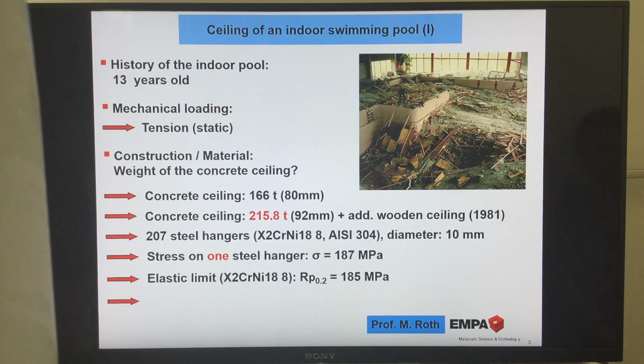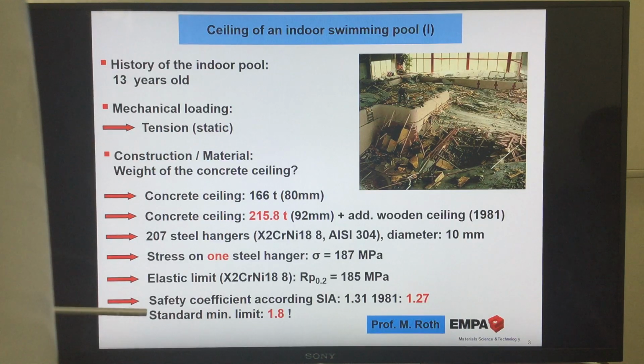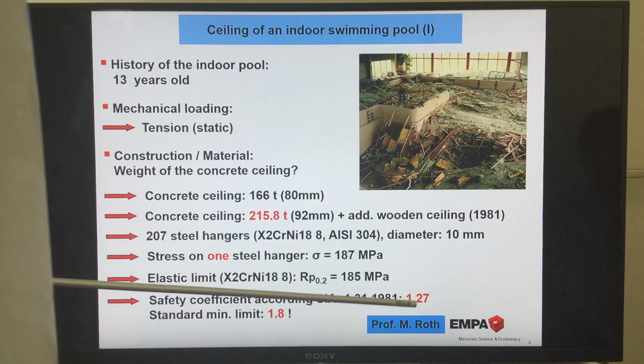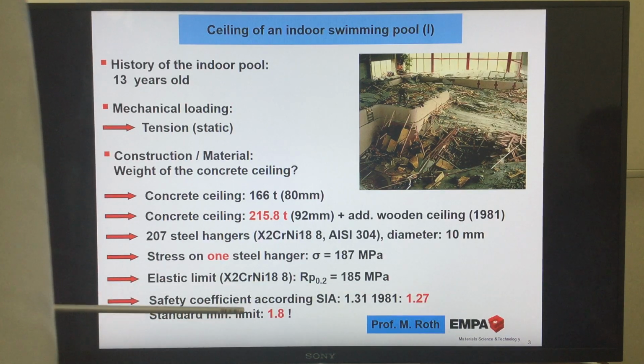And this is also shown: there is a safety coefficient according to the Swiss architect regulations, and you see the numbers, 1.31 first for the original concrete one, and later on the number even was lowered due to the wooden ceiling, 1.27, and the standard minimum limit is 1.8. So we are already far below the standard limit from the pure mechanical loading. We keep in mind those values.